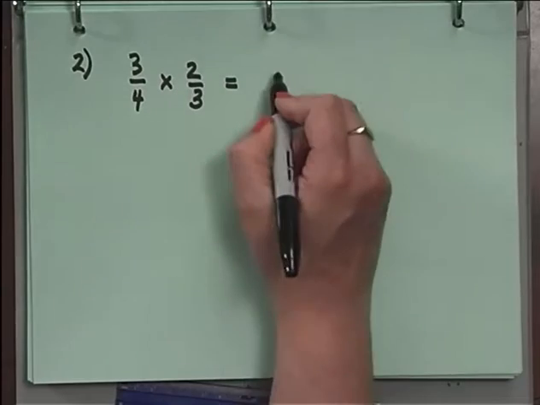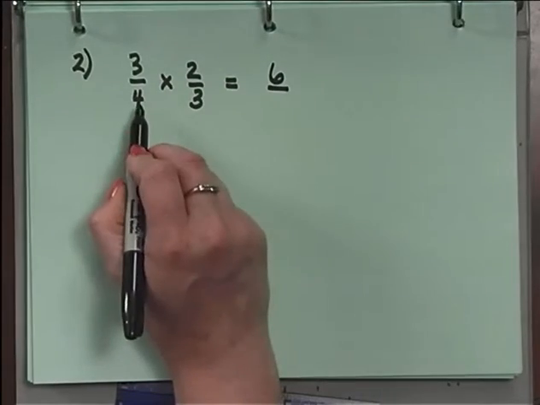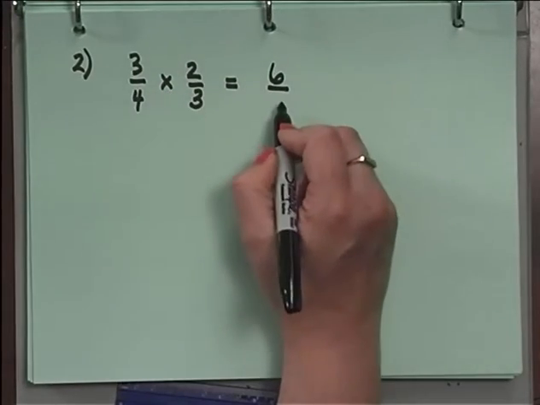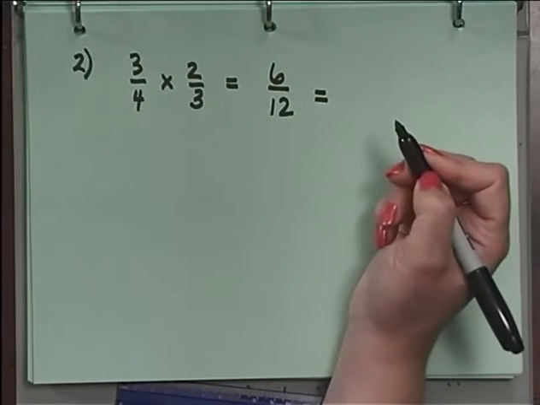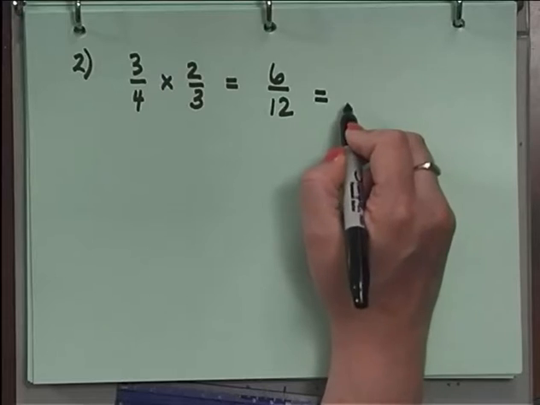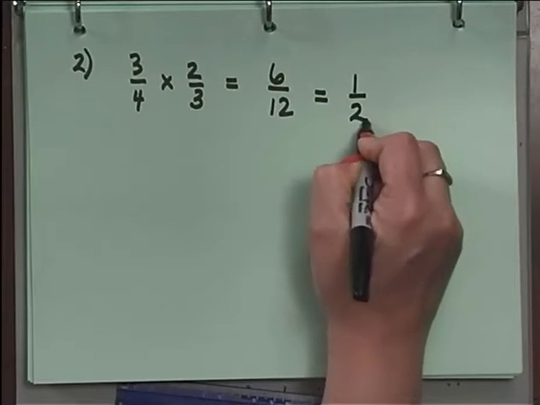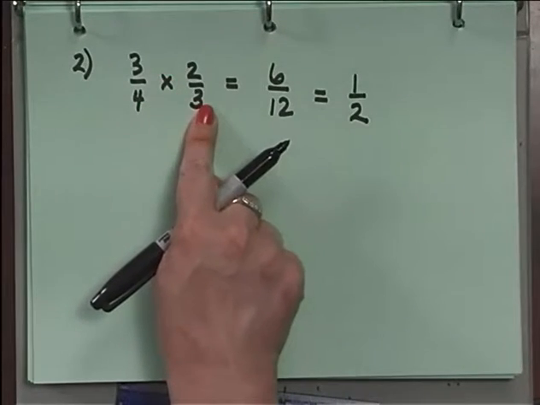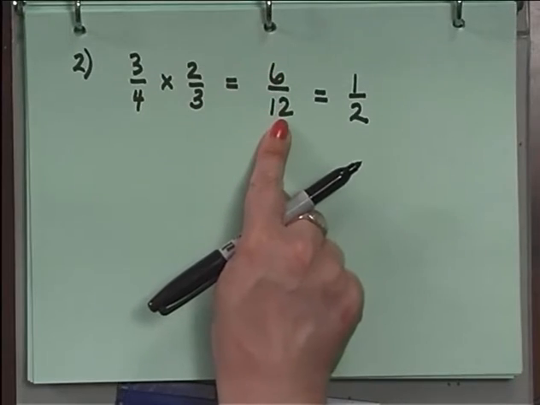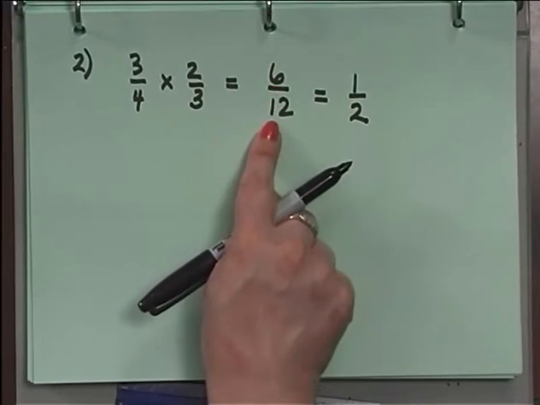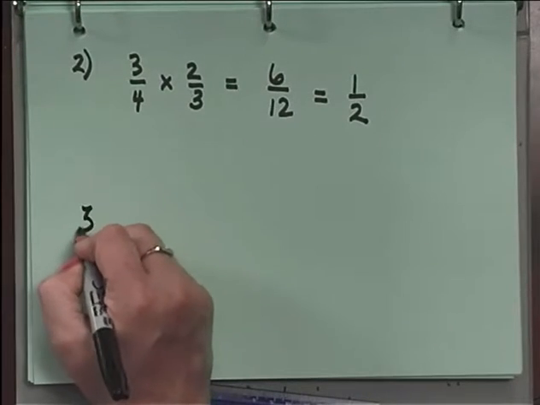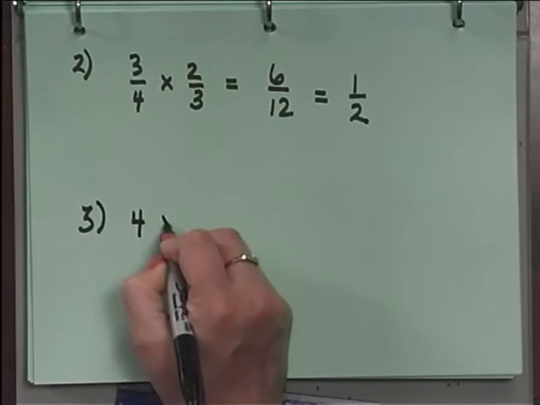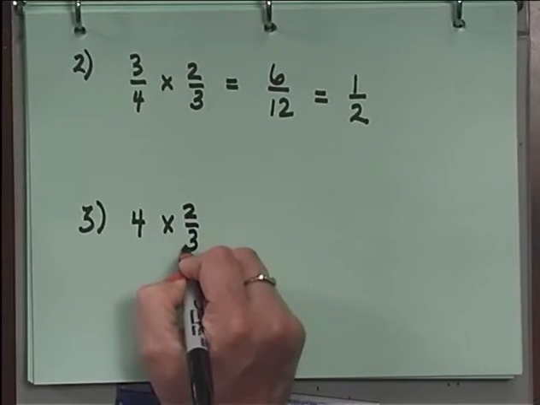Well, 3 times 2 is 6, and I multiply my denominator. 4 times 3 is 12, and I can reduce that fraction to 1/2. So 3/4 times 2/3 is equal to 6 over 12, and since 6 is half of 12, 6/12 reduces to 1/2.